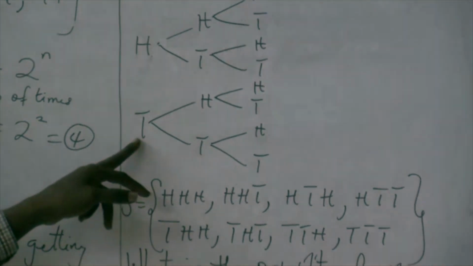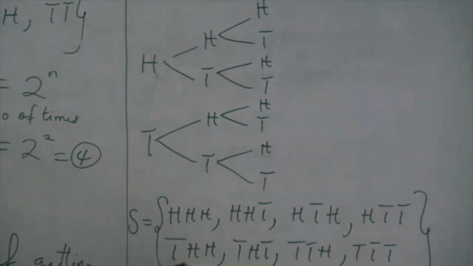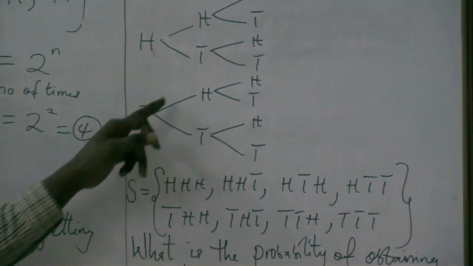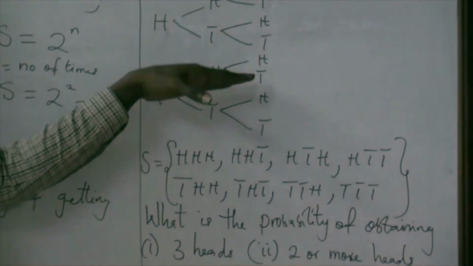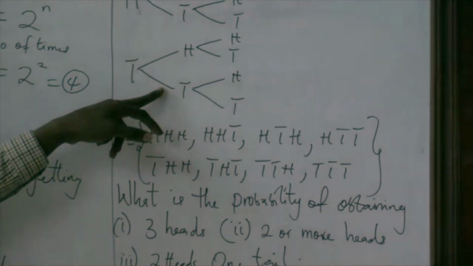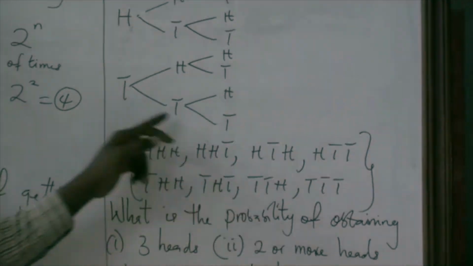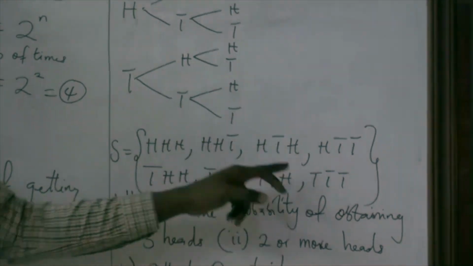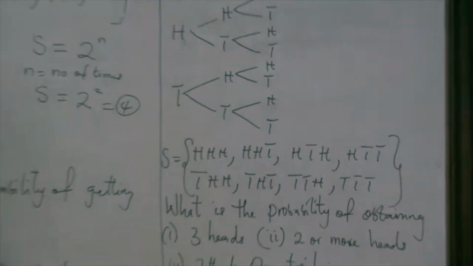I move to tail. So this is tail, head, head, which is this. Tail, head, tail, which is this. So this branch is gone. Then I move to this part. Tail, tail, head, and that is what I have here. Tail, tail, tail. This is what I have here too. So the possible outcome for this is 8.